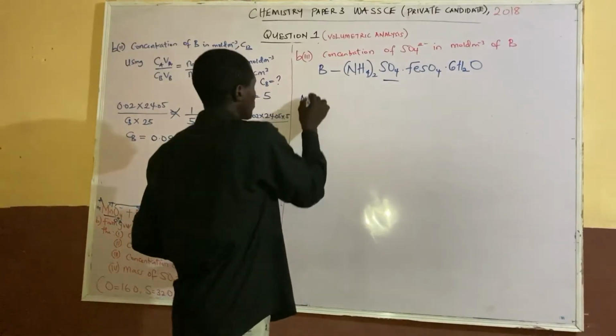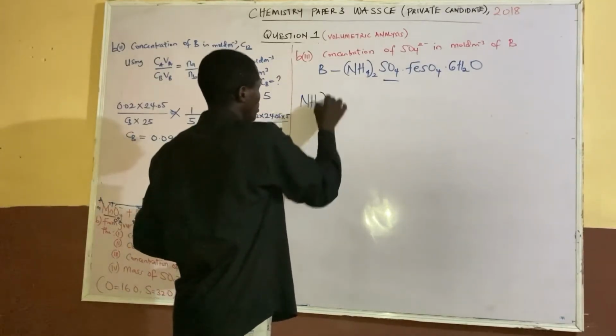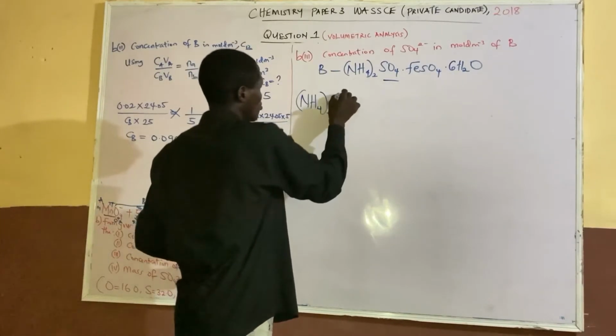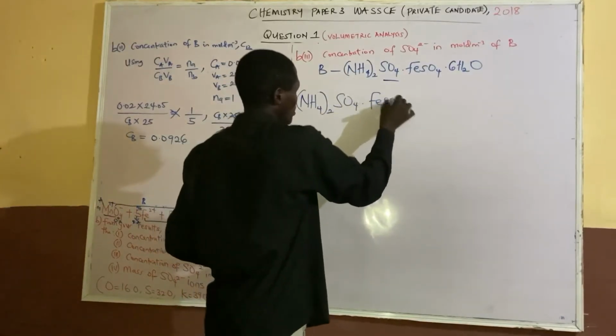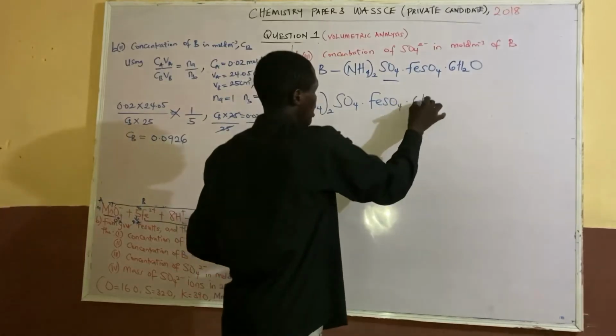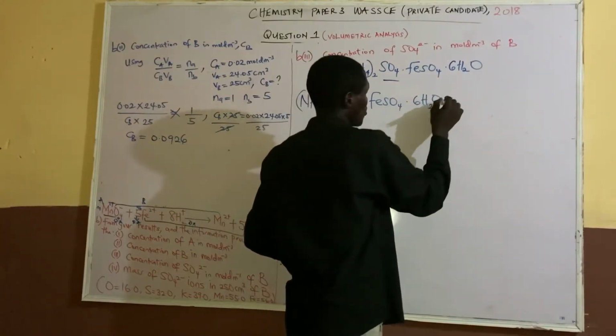Write the equation out: ammonium sulfate, iron sulfate hexahydrate. Hexahydrate means 6 water.